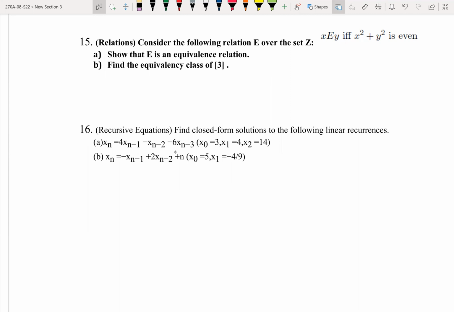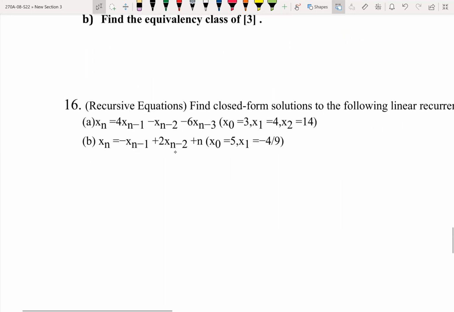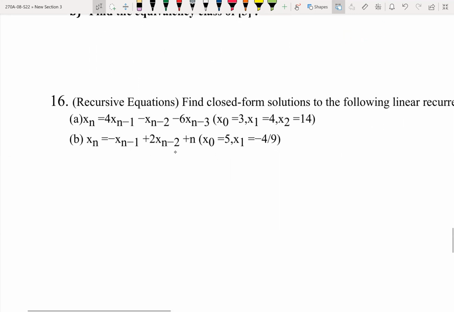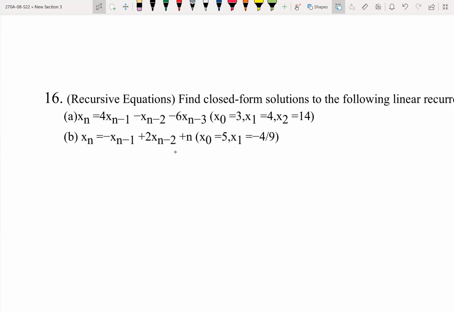So the last part, which is on the sequences. For part A, for both of them, it's really the one where we make it a polynomial, a characteristic polynomial, and solve it.